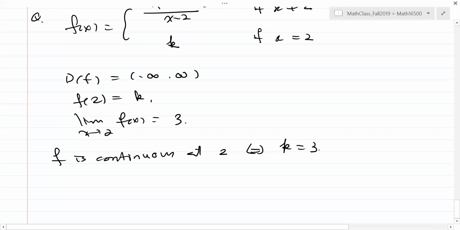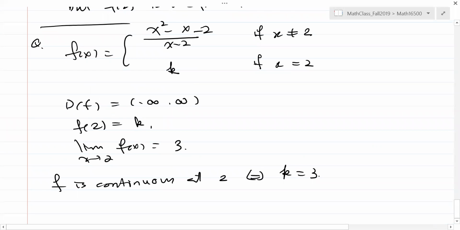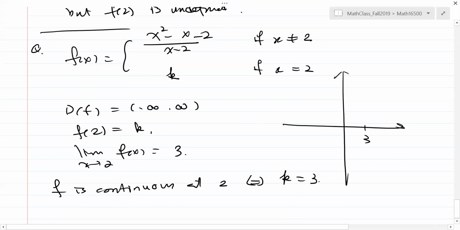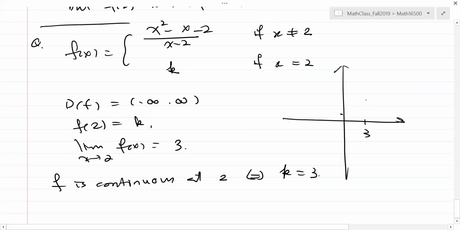So if you look at the picture, here's a picture. I like the graph. So this is a 3, right? So where is the function? It's going to be x plus 1. X plus 1 is like that.